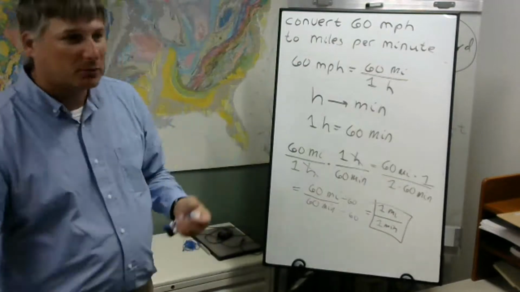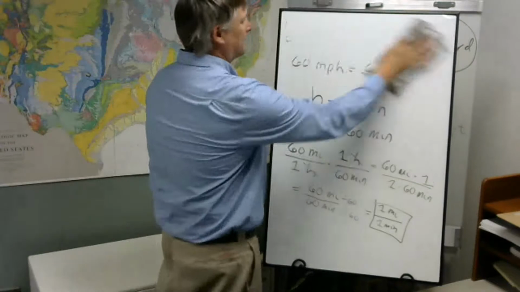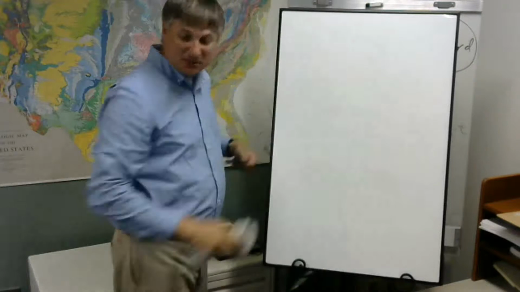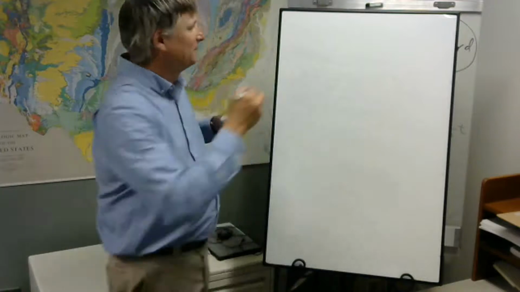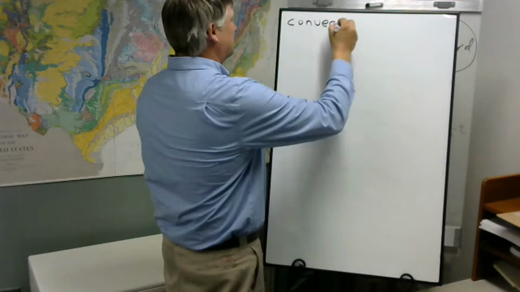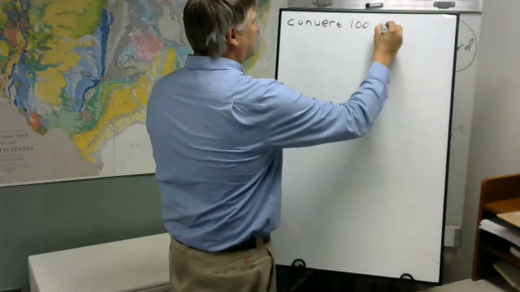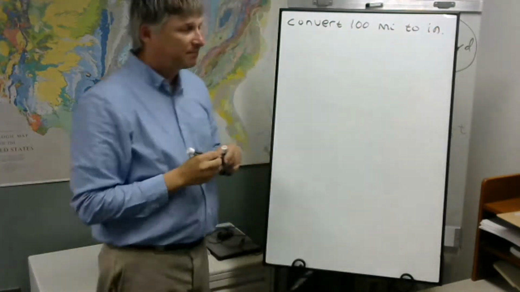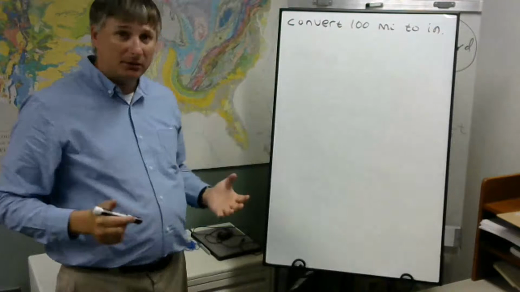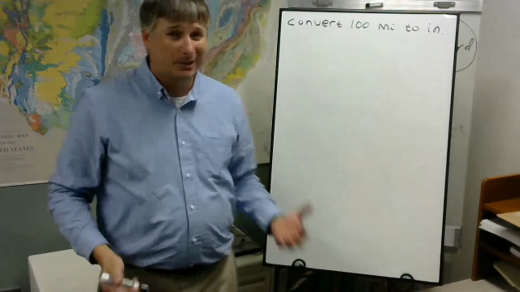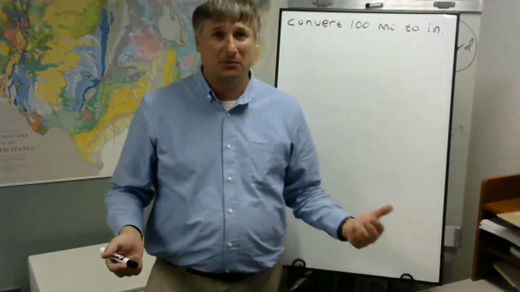Let's do another one. I mentioned the relationship between miles and inches. So the distance to Bonn from Roswell is roughly 100 miles. So let's convert 100 miles to inches. Now let's take a look. If we look in the book, we're not going to find a relationship between miles and inches.